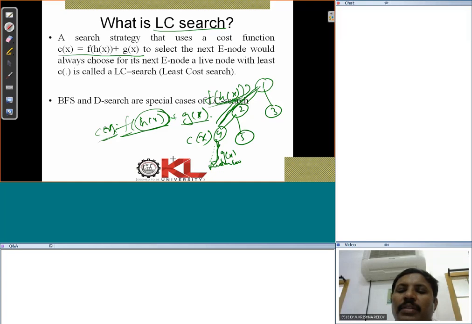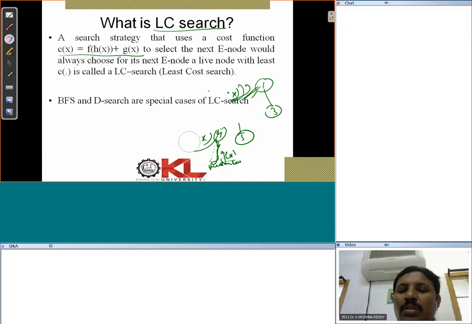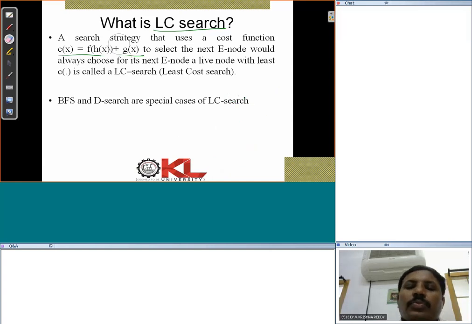The total value, part exact and part estimated, is called c of x, the least cost function. This is only the general or analytical notation. In the examples we will see how we implement it for selecting the results.